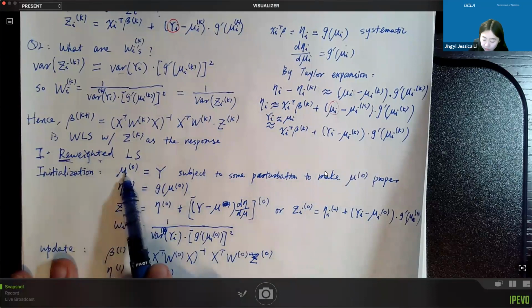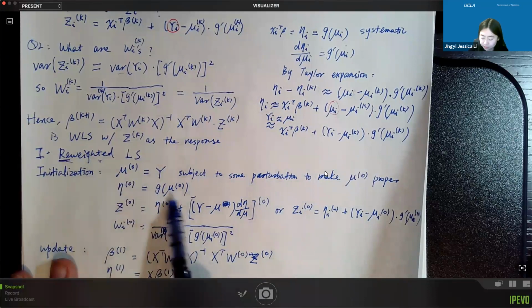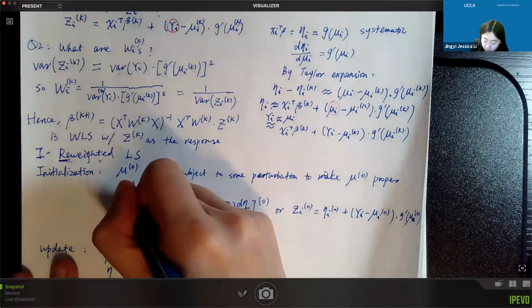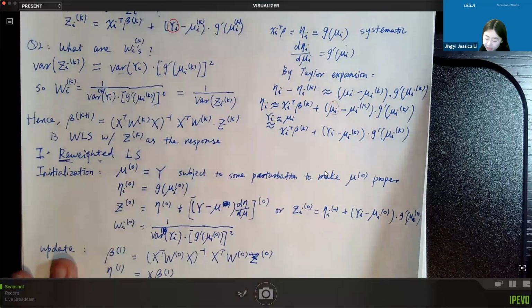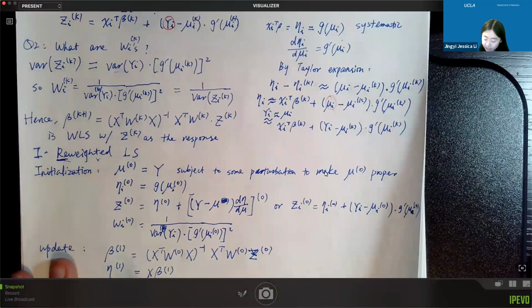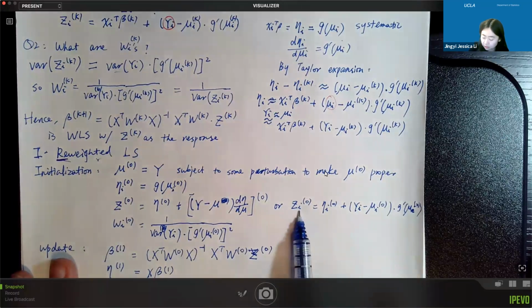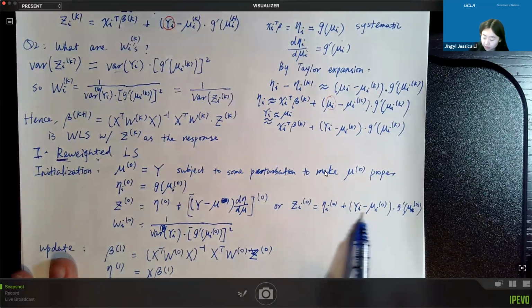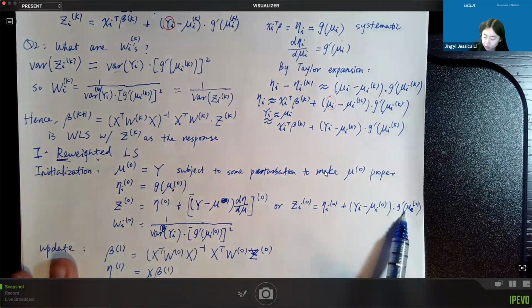Then given mu 0, we can have the linear predictor eta 0 by the systematic structure. Of course, this is applied to every i. And then we can have our working dependent variable. For each zi0, we write it as eta i0 plus this term, the Taylor expansion term, yi minus mu i0 times g prime mu i0, getting our working dependent variables.